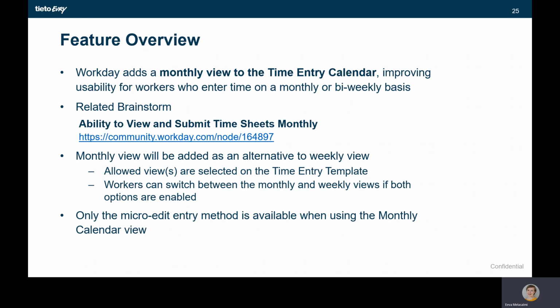Until now, you have been working with the time entries in a weekly calendar view, but Workday has or will enable you to do that in a monthly view as well. Either alternatively to the week or only in the monthly view, depending on how you choose to configure it. This also has a related brainstorm, so something that many customers have been asking for.